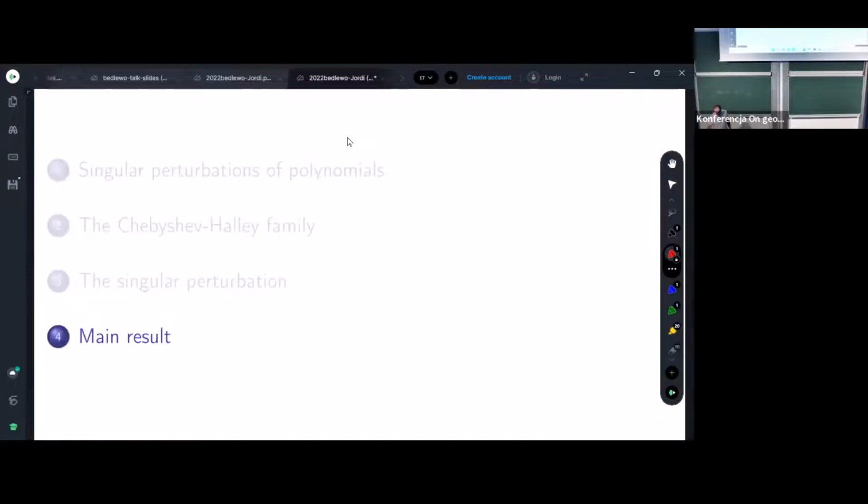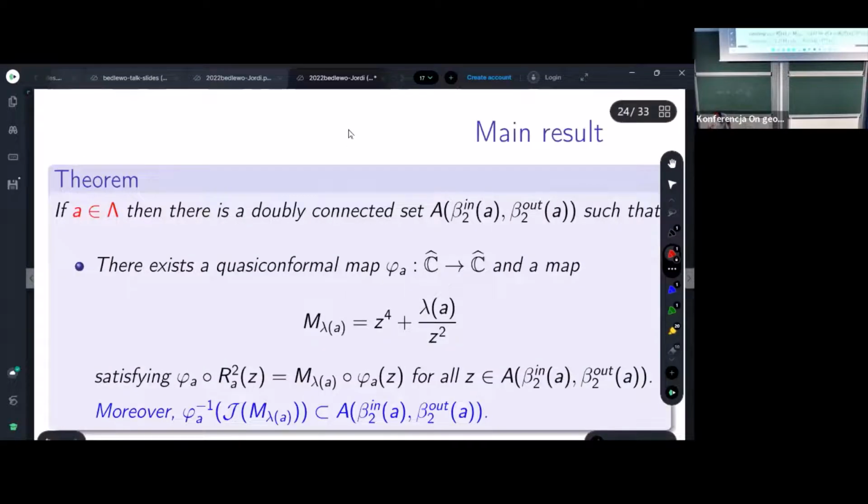So in the end, I have some time, so I will be spending some time on trying to get the ideas of the proof. Okay, so the main result that we prove is that, if A is in the set Lambda, I have not defined the set Lambda, but essentially it's going to be a neighborhood of where you see the copy of the parameter plane of the family.